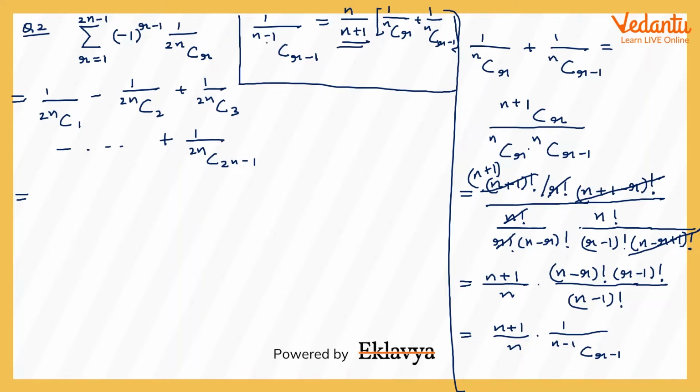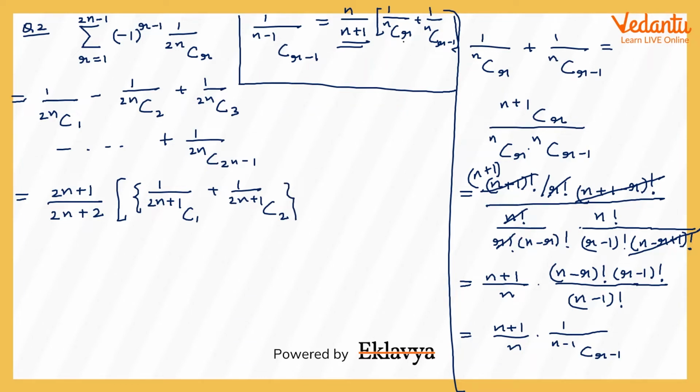It depends only upon this n minus 1. So here, because I am having 2n everywhere, it will be 2n plus 1 upon 2n plus 2. I can take this as common, and my first term now will be 1 upon 2n plus 1 c1 plus 1 upon 2n plus 1 c2.